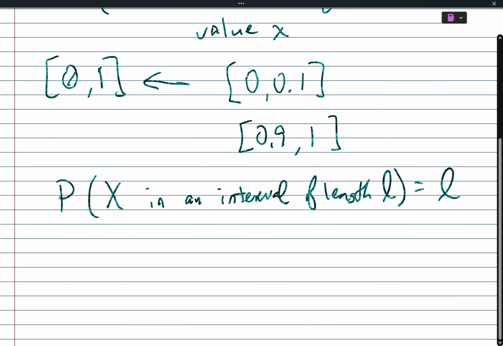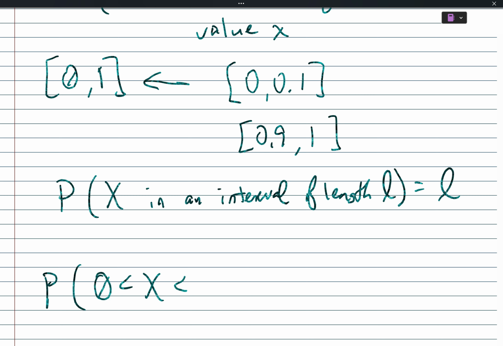For example, the probability that the continuous random variable X is between 0 and 0.5 is equal to 0.5.